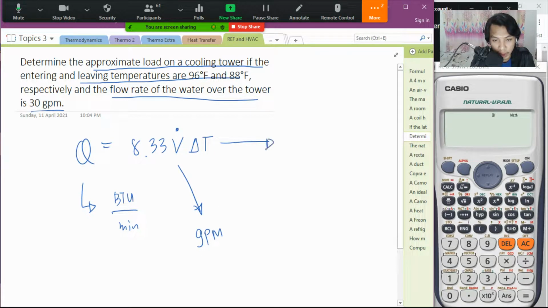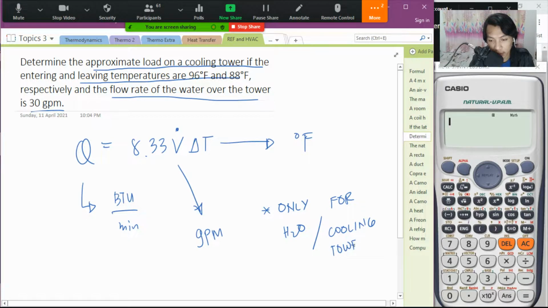This value is in degrees Fahrenheit. This is only for H2O or water, or only for cooling towers. Illustrate ko pa ba yan? Mamaya ko na illustrate, madali lang yan eh.